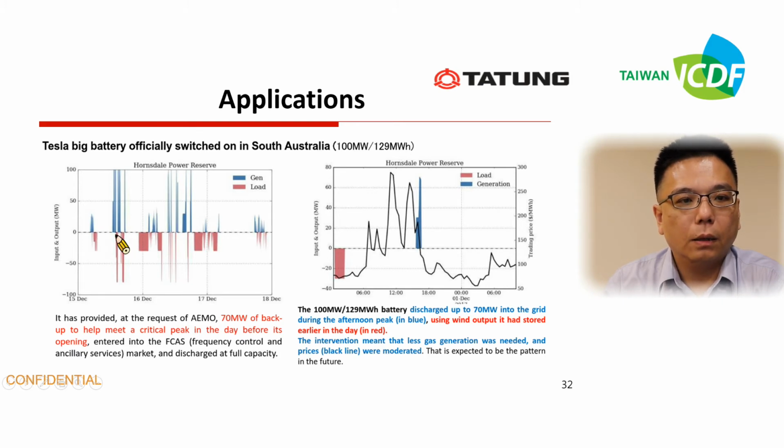So you can see the power generation from the wind turbine would be higher than the load usage at some special times. So the Australian government hoped to have the battery storage system adjust the power smoothly.